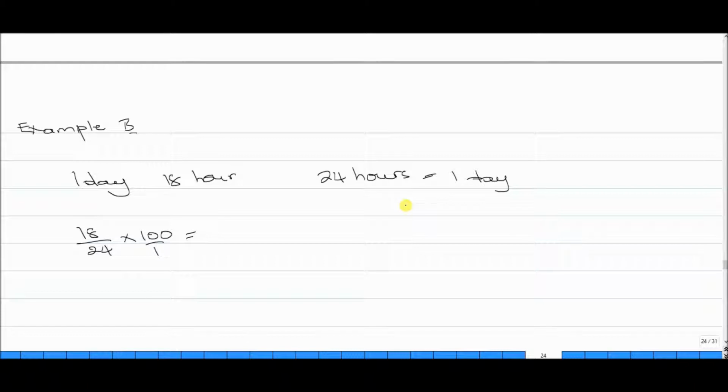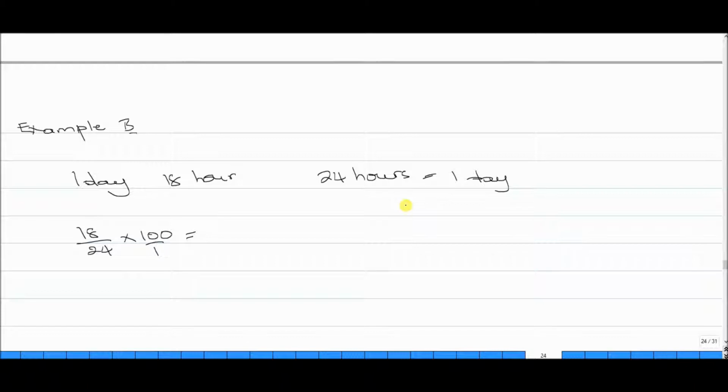Now, we have to make our quantities the same unit, and here we have different units representing the numerator and denominator. We have 18 hours and 1 day, so we need to make them the same.